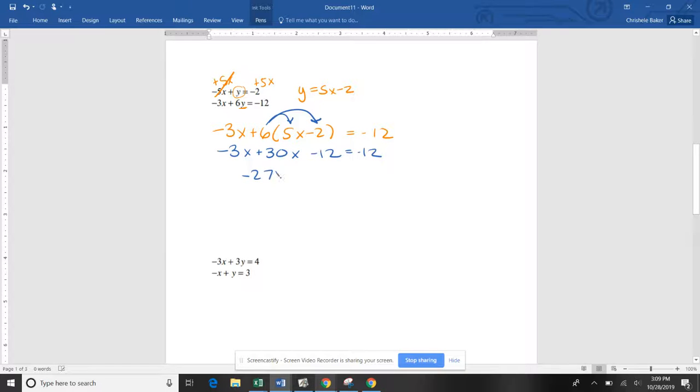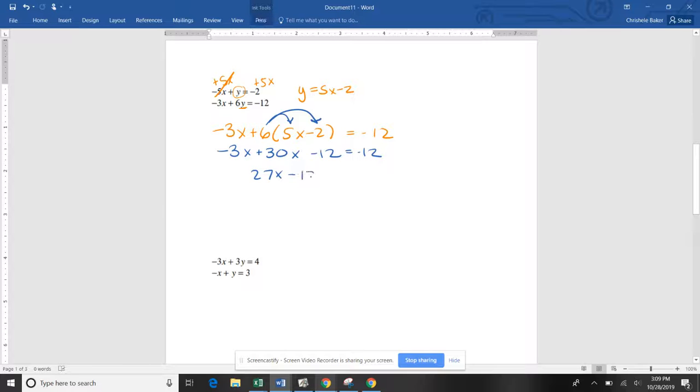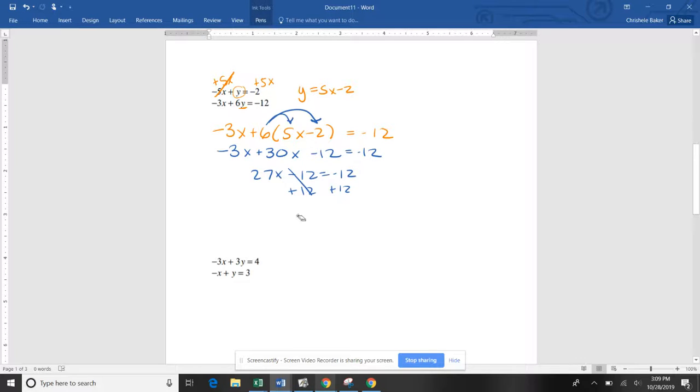Combining like terms, that's 27x. Positive, not negative. 27x minus 12 equals negative 12. Add 12 to both sides. 27x is equal to 0. Divide by 27, and x is 0.